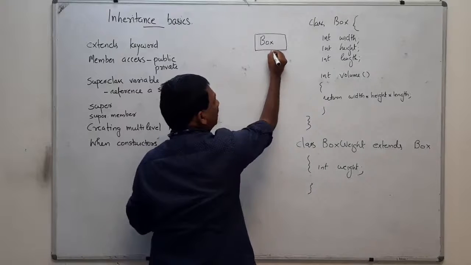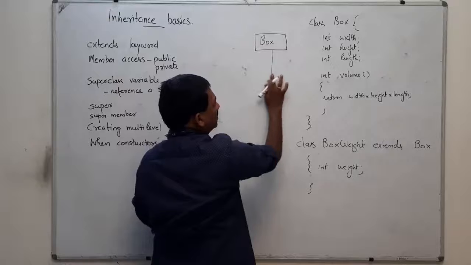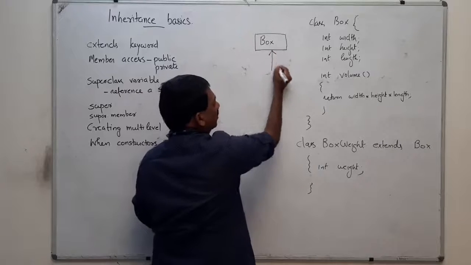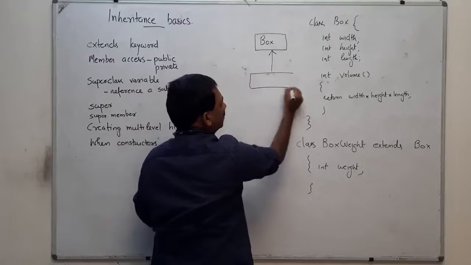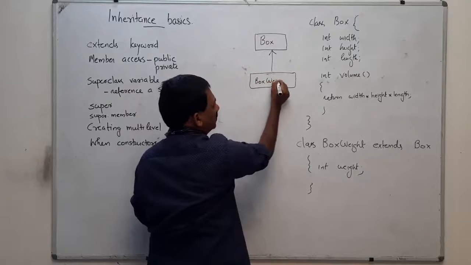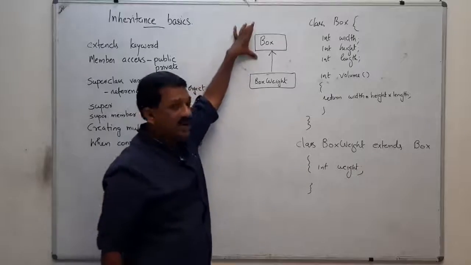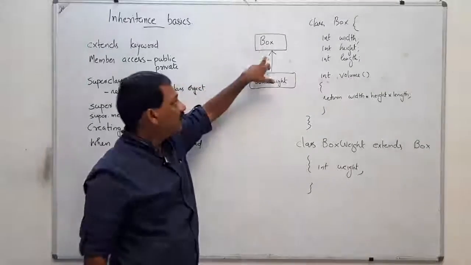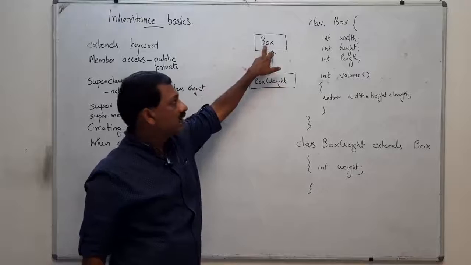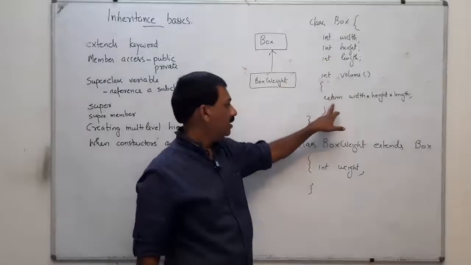That means here box is being inherited. Here this is a class box, and an object of type box has these three properties and it can return its volume.